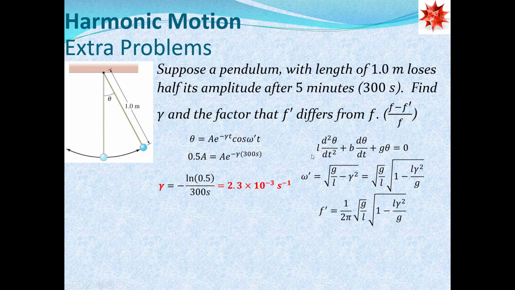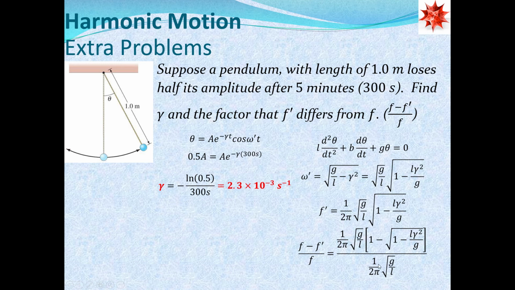Now from here, in order to get the frequency, we just divide it by 2 pi. So we have to include this 2 pi term in there. And then we just use this function that they tell me. So the original frequency was 1 over 2 pi root g over l minus the new one, which is this entire term, over the original frequency.